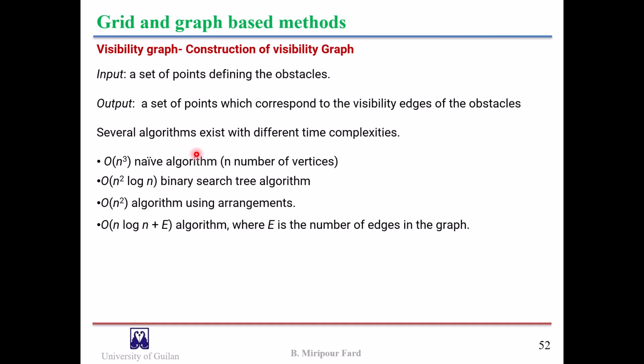For example, the complexity of the first algorithm is n to the power of 3, in which n is equal to the number of nodes, and you can see the complexity of other methods. For example, in the last one, the complexity is n times log of n plus e, in which e is the number of edges in the graph.